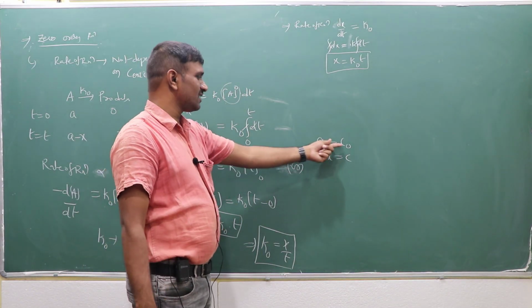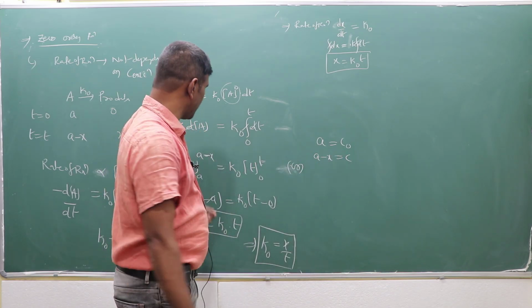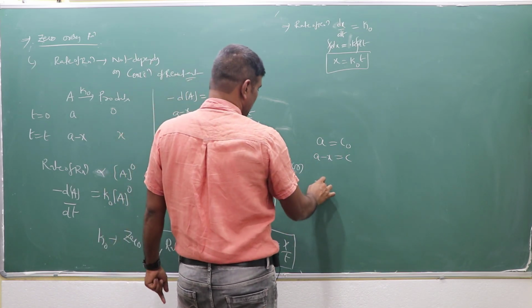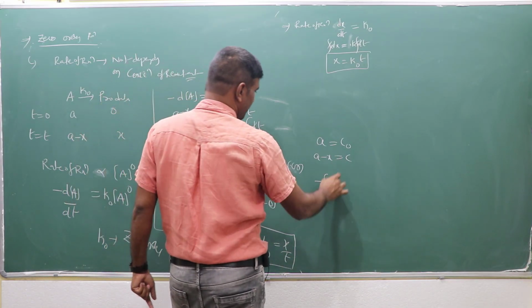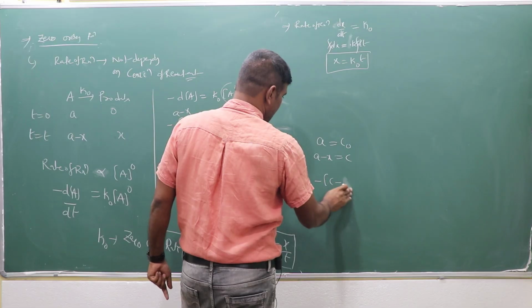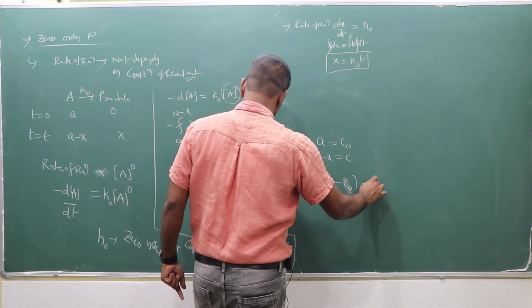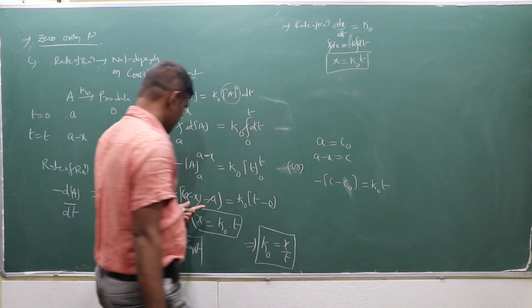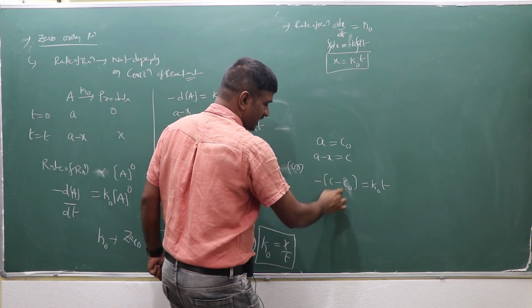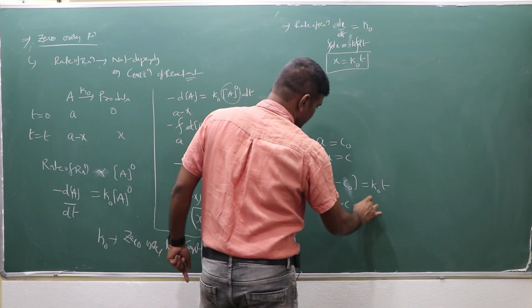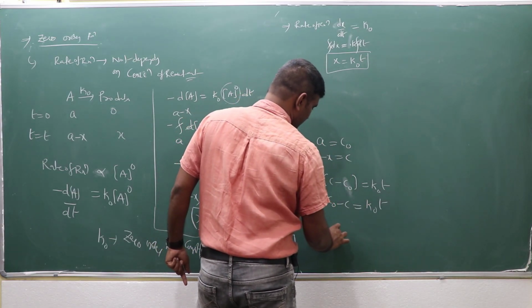So based on the initial concentration C naught and C after some time, sometimes it will be given. So instead of a minus x, what we have to use is C minus C naught is equal to k naught into t. Minus into minus is plus, so C naught minus C is equal to k naught into t.